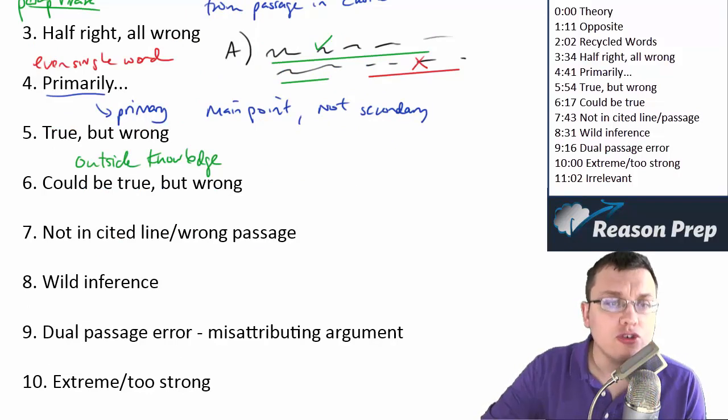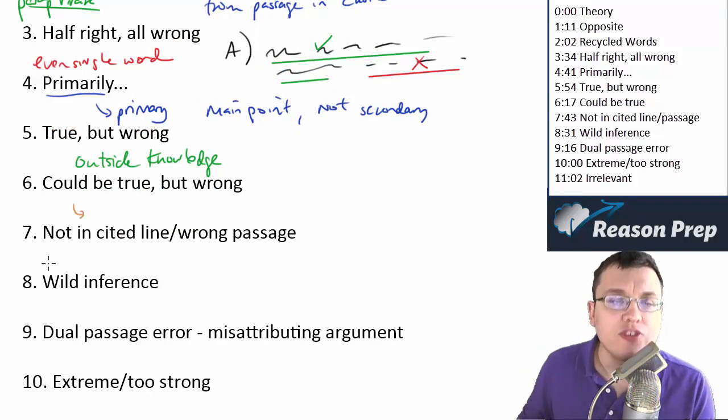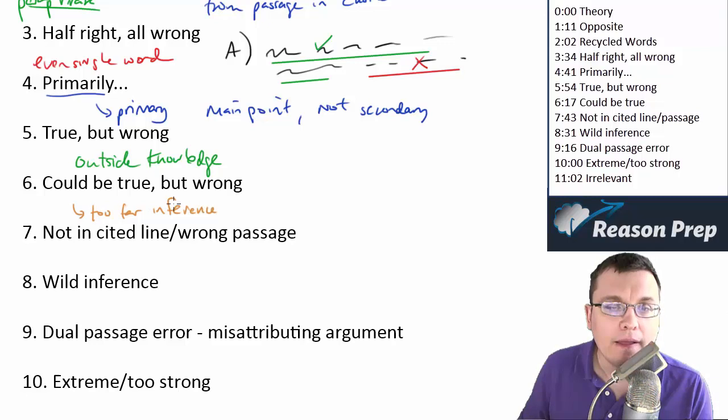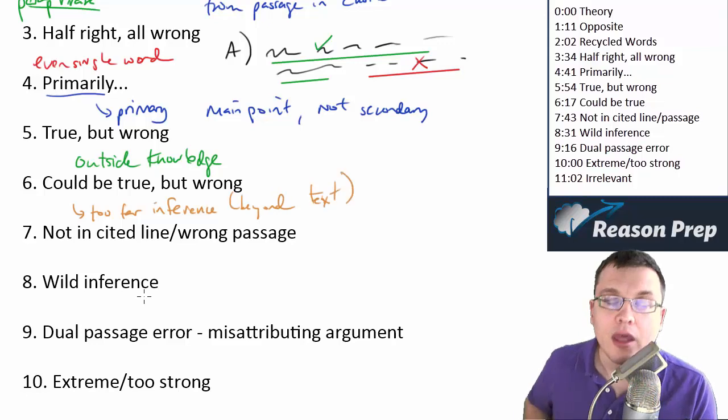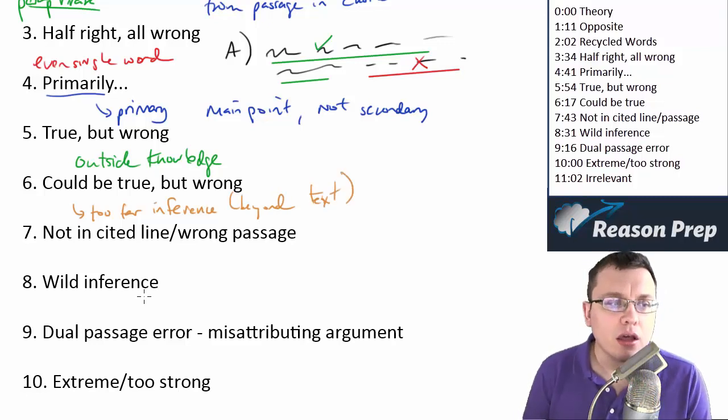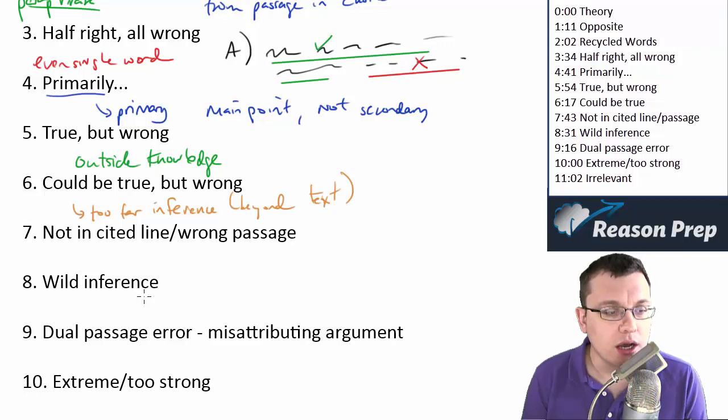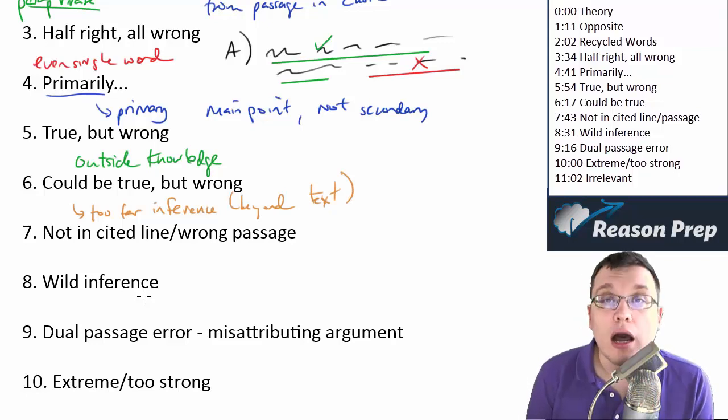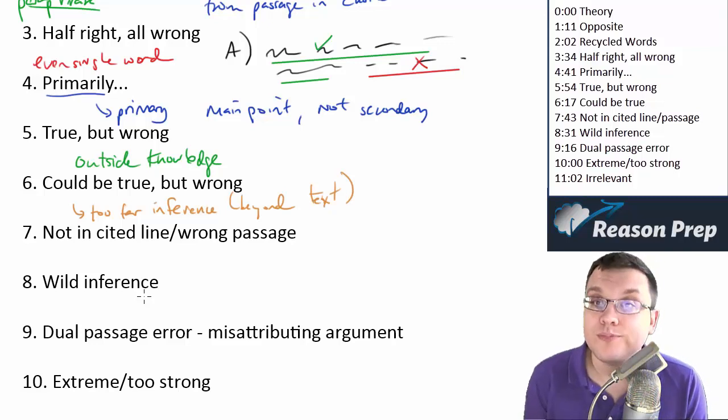Could be true but wrong. Kind of related to 5, except this is one where it's too far of an inference beyond the text. And we'll talk about this a little bit more in number 8. But basically, let's say the passage is talking about reasons why a student doesn't like to do math, right?